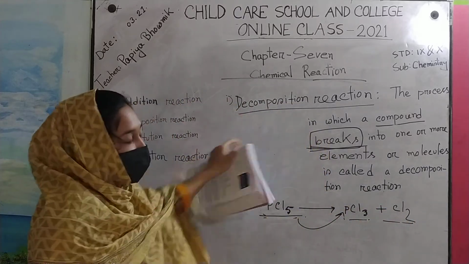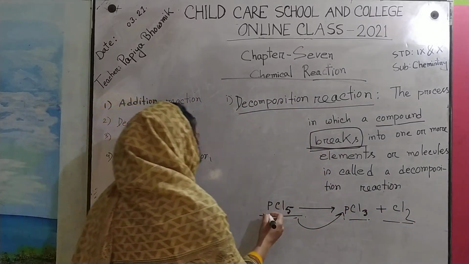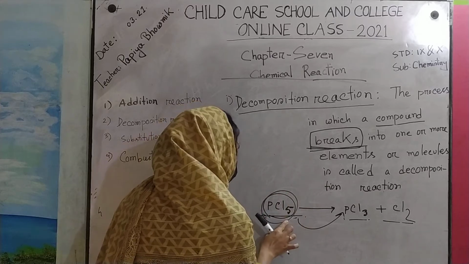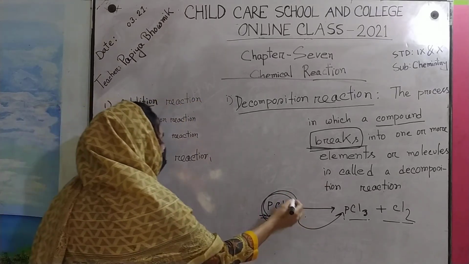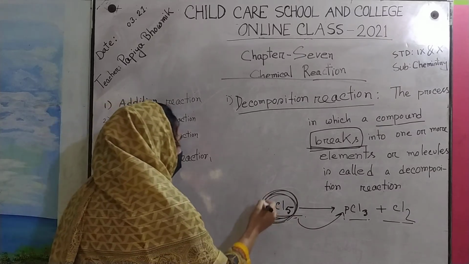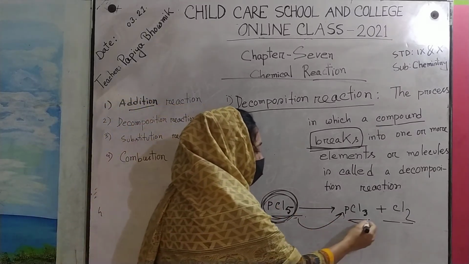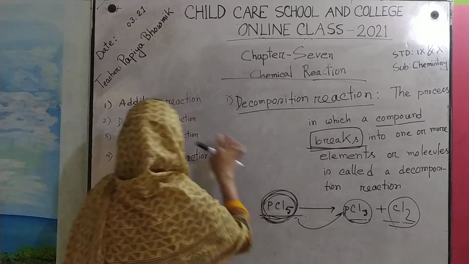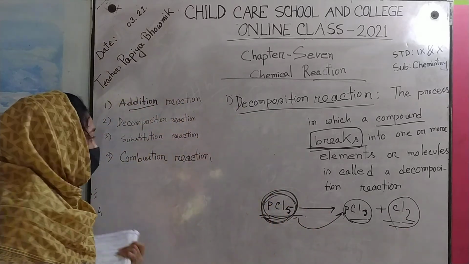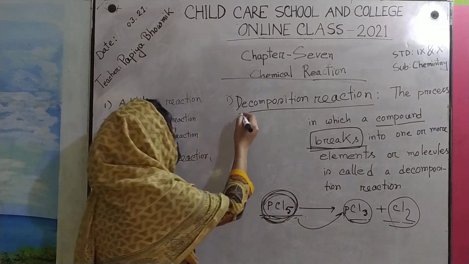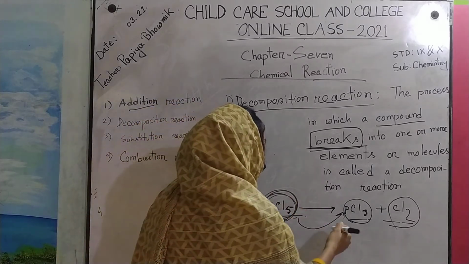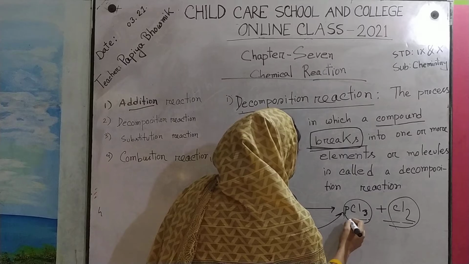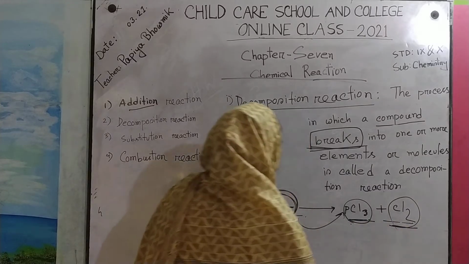In decomposition reactions, the molecules or elements break, whereas in addition reactions nothing breaks, something is only added. In decomposition reactions the compound breaks and we get phosphorus trichloride and chlorine.